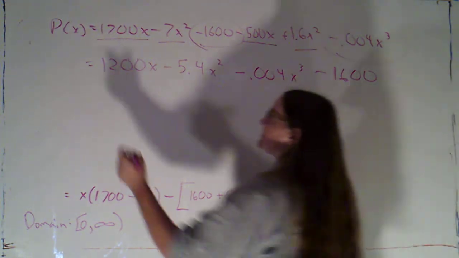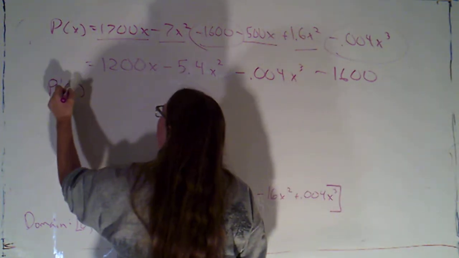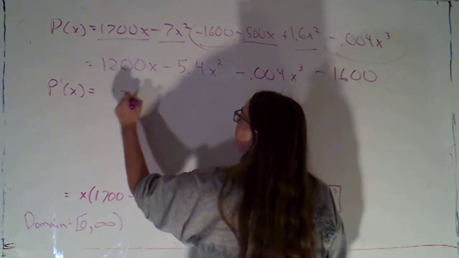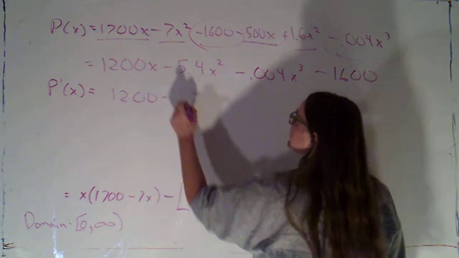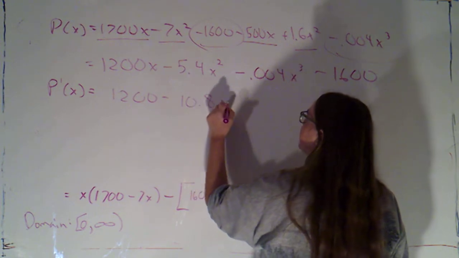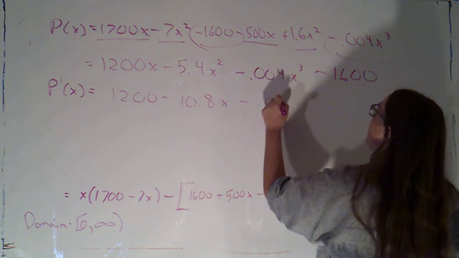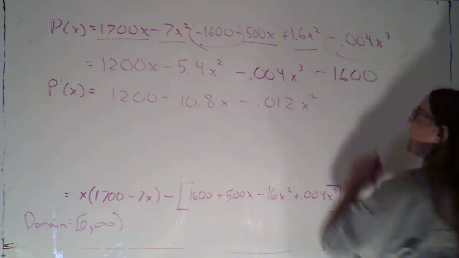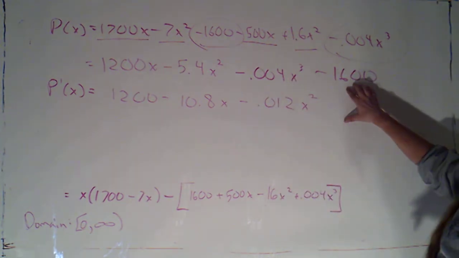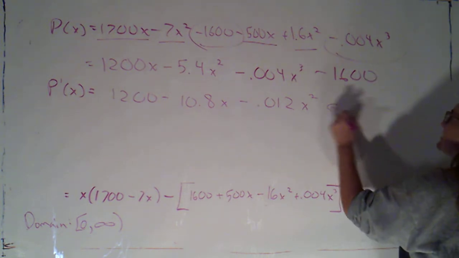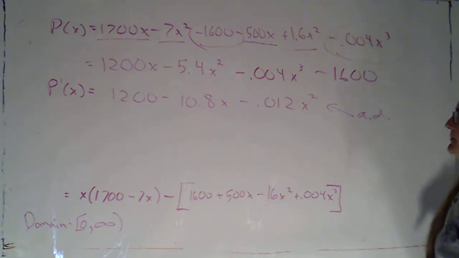Okay, so if I take a look at p prime of x, that's going to be 1200 minus 10.8x minus 0.012x squared, and then the derivative of this constant, of course, is just 0. Notice that that's always defined. Okay.